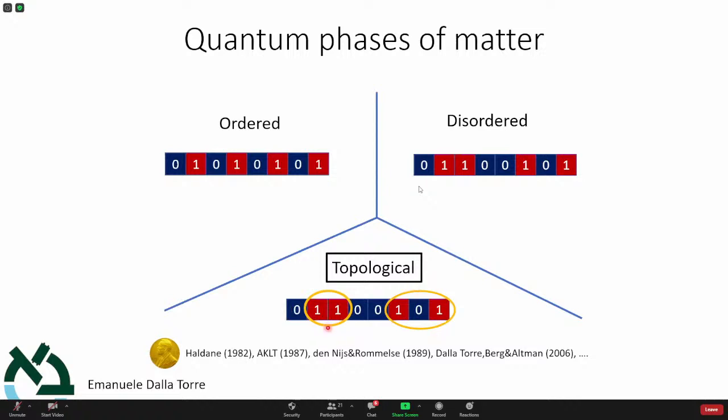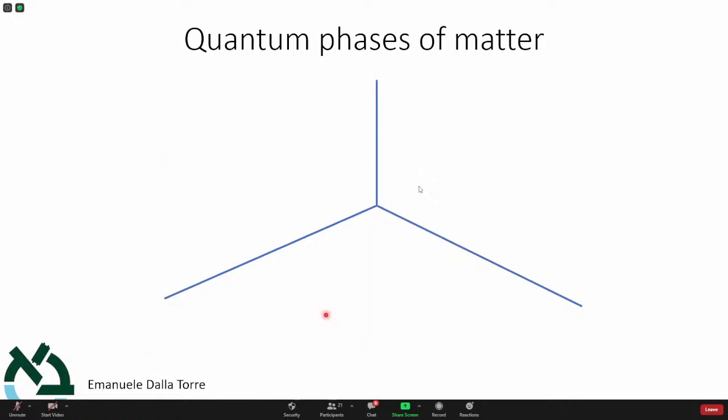And the way to check whether this particular type of order exists is really to look at the entire sequence. I need to look at the big entire sequence, and then we'll see whether the ones come together or not. If you just focus on 2 qubits, I know nothing. There is no order there. But it is really when you look at the whole picture that you see that there is order. So that's an example of a topological phase for qubits.